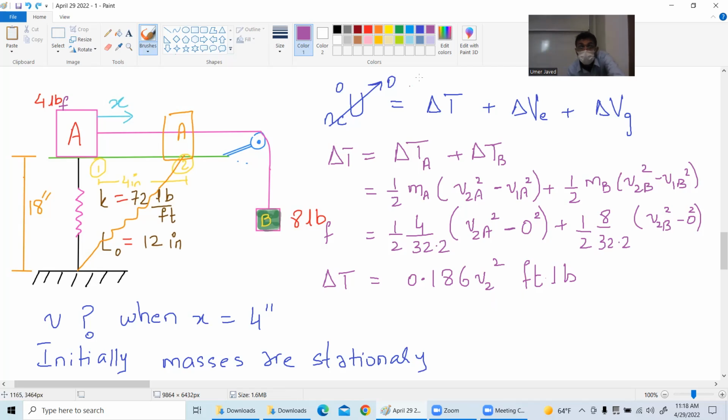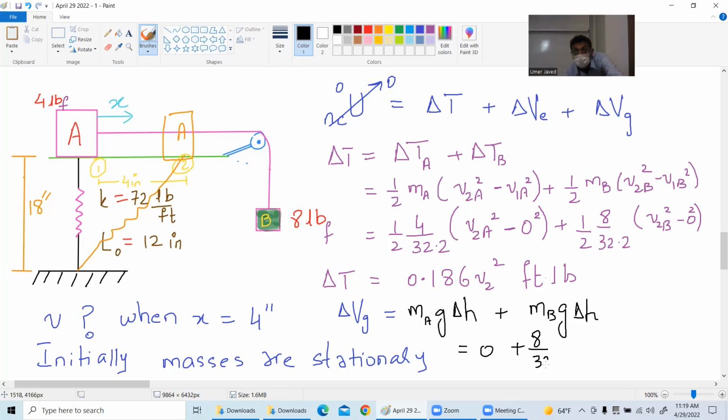Then we have delta VG, which is MAG delta H plus MBG delta H, which is equal to 0 plus 8 divided by 32.2 pound... no, feet per second square. Okay.